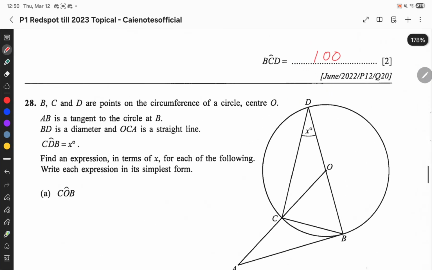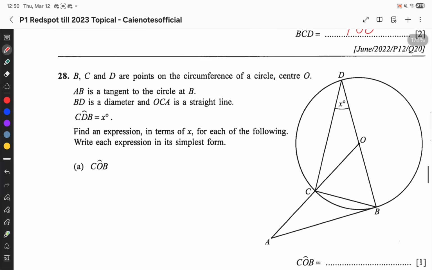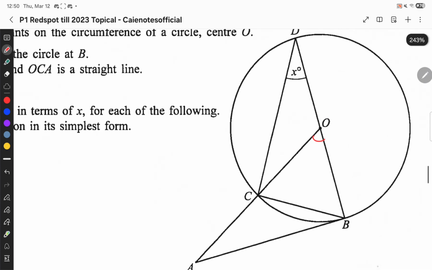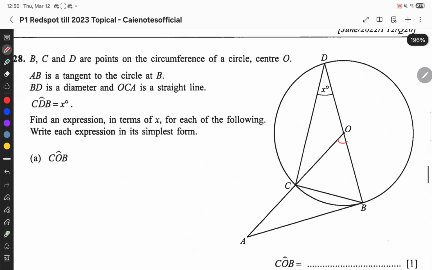Oh, second last. Find COB. You know you have reached your limit when you call angles by this. Finding expression in terms of x for each of the following, in simplest form.